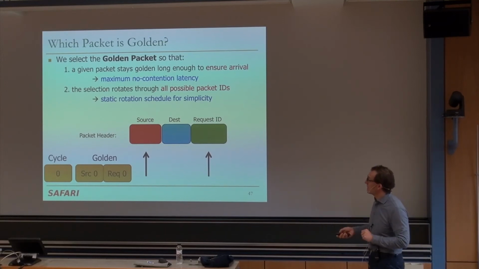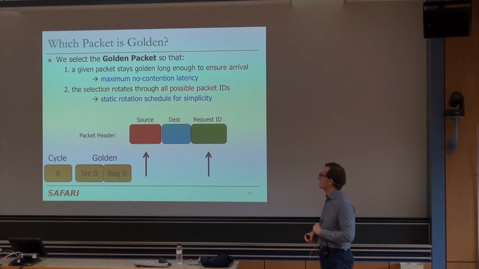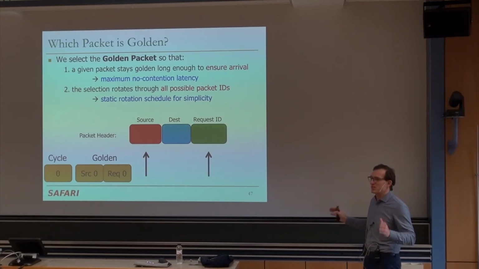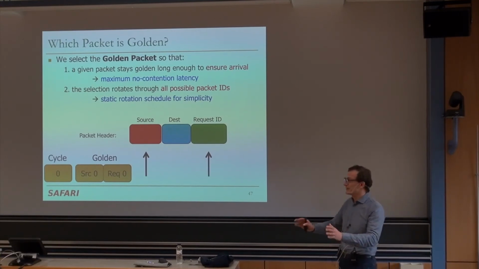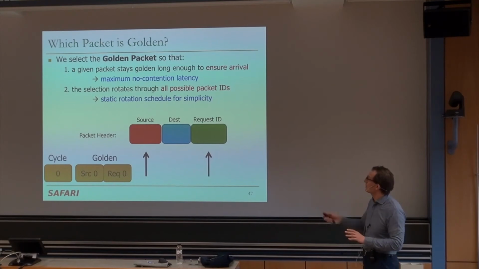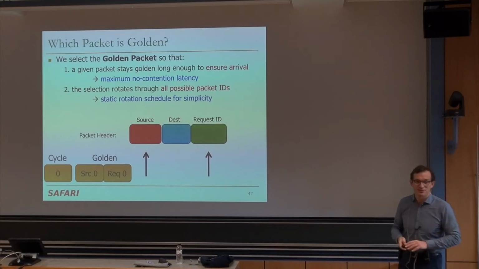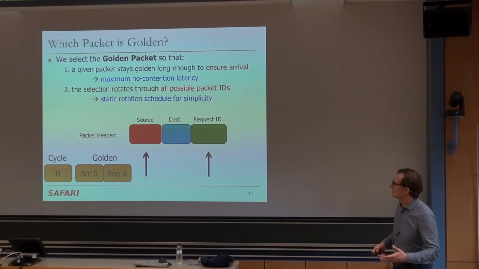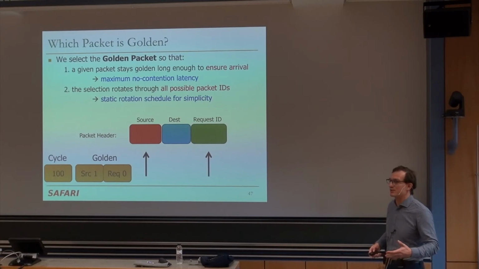What you can do now is start a deterministic rotation that basically says, I'm going to start with source 0, request 0, and I'm going to designate that slot as golden. And I'm going to do it for, let's say, maximum no contention latency cycles. From cycle 0 to cycle 100, source 0's request 0 will be golden. At cycle 100, I'm going to pick source 1's request 0.